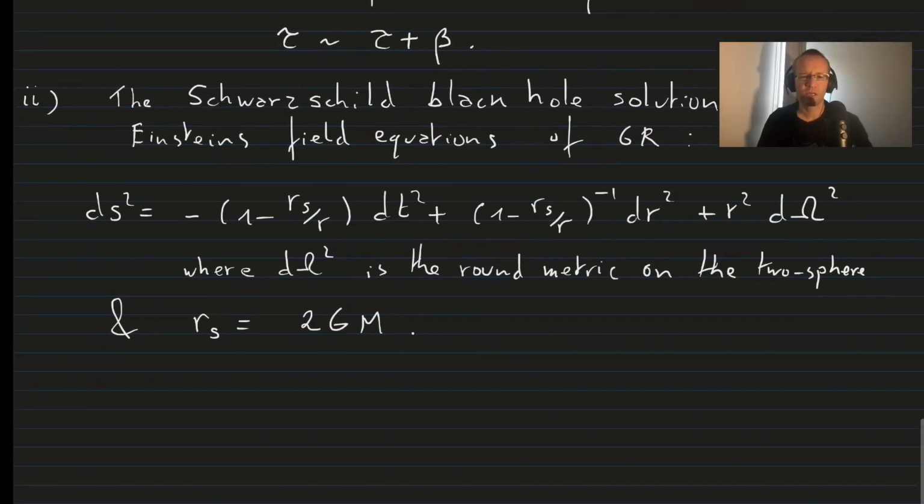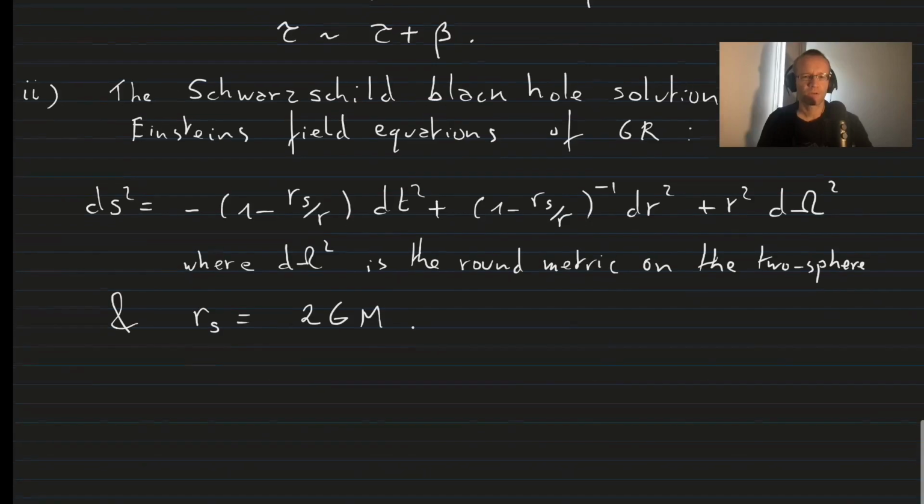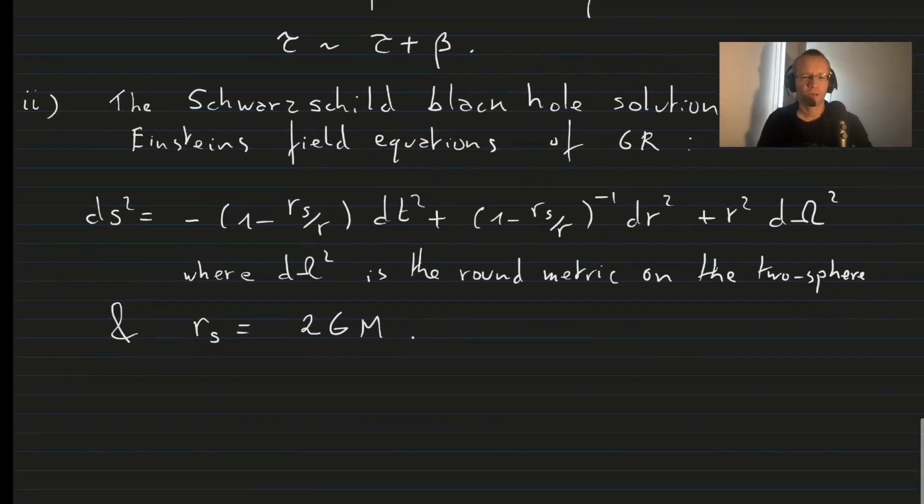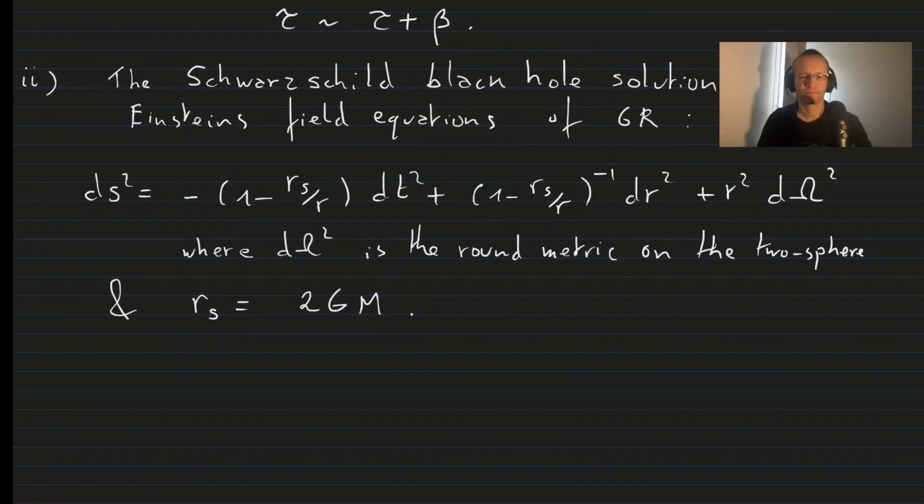The omega squared is the round metric on a two-sphere, and r is the radial coordinate of the solution. So given all this, how do we derive the Hawking temperature?